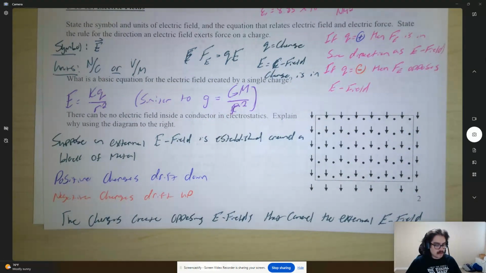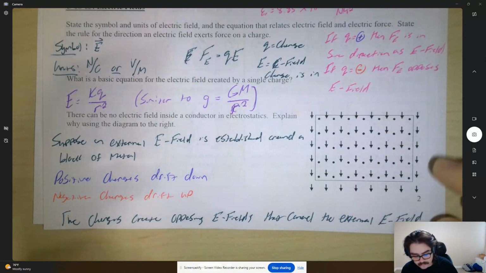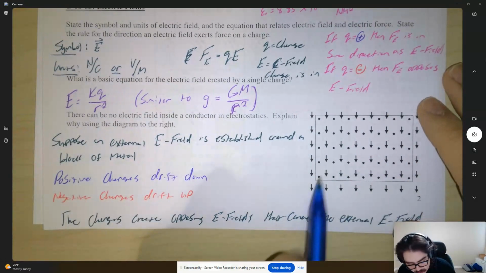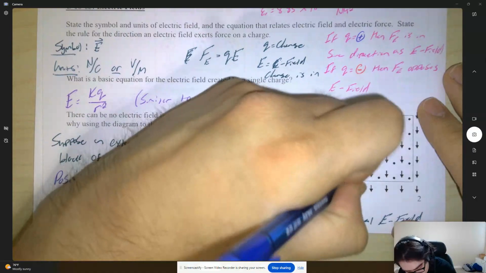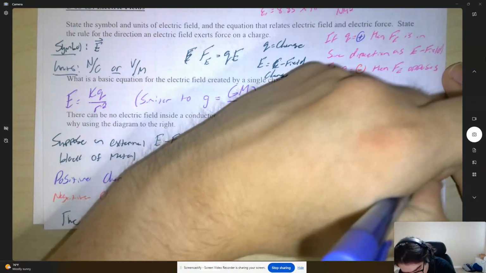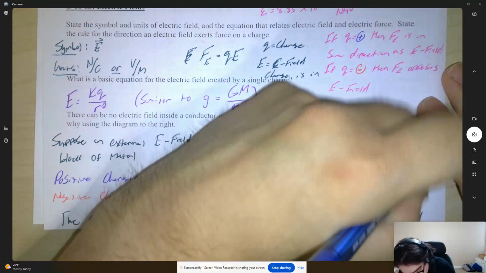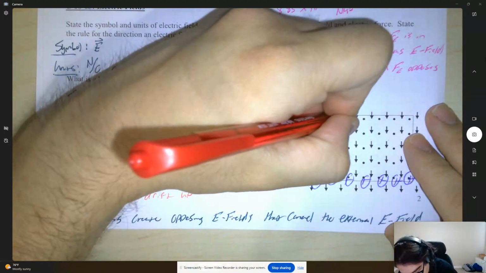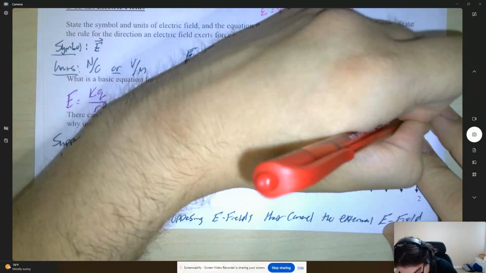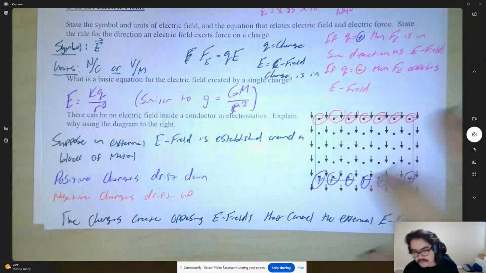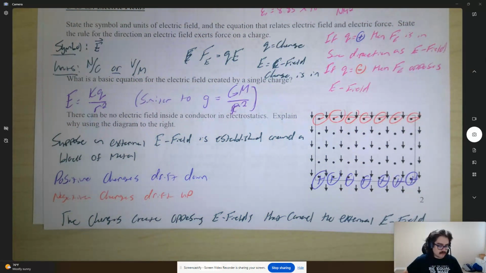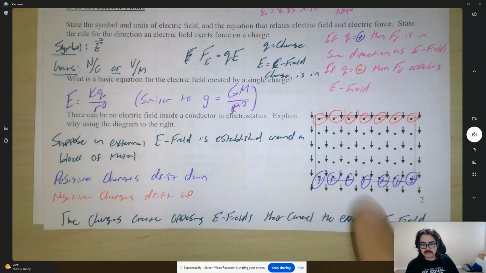So you'll notice that with this block of metal, you end up with all the positive charges on the bottom and all the negative charges on the top. Those charges produce an electric field that cancels out the external one.